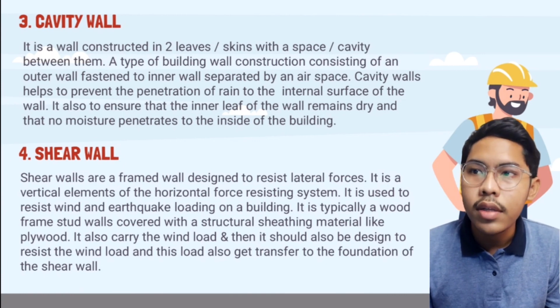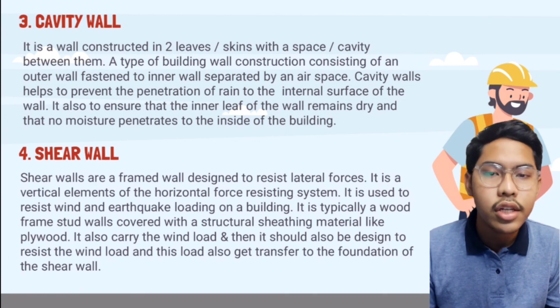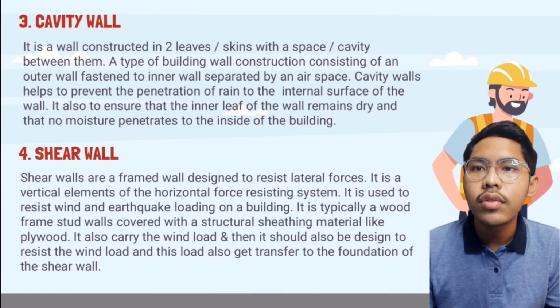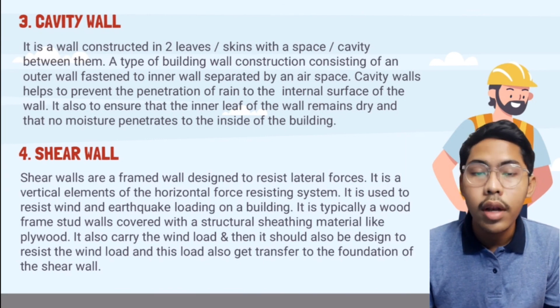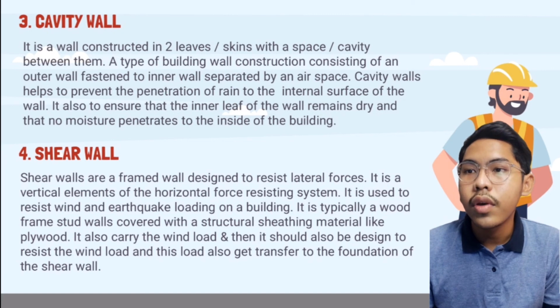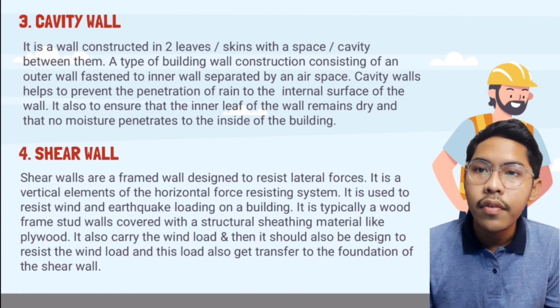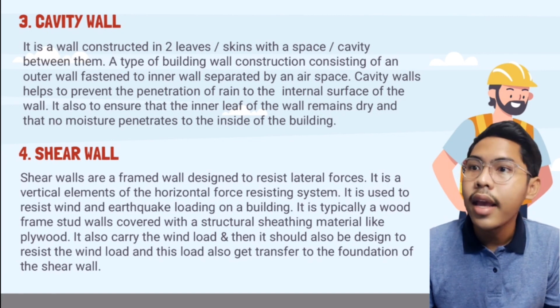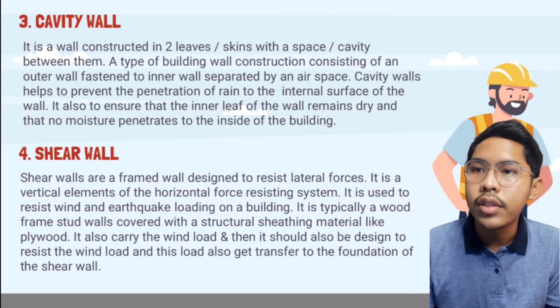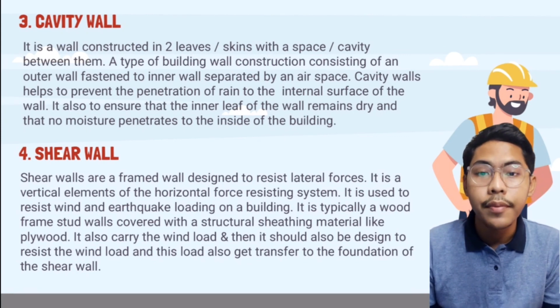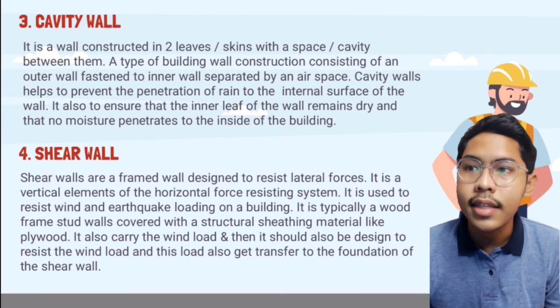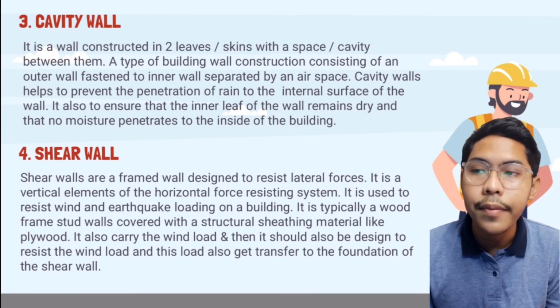Cavity walls help to prevent the penetration of rain to the internal surfaces of the wall, and ensure that the inner leaf of the wall remains dry and that no moisture penetrates to the inside of the building.